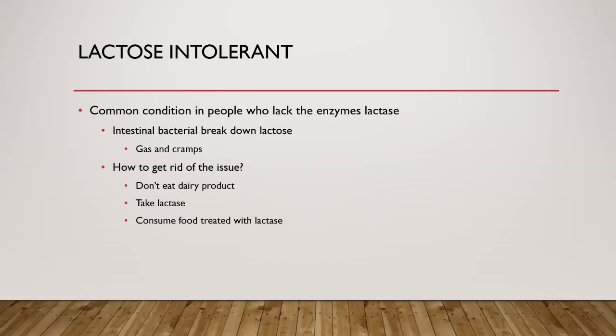How do you avoid the issue of having gas or cramps in your body due to the lack of lactase? Well, I would say you should eat food that is already treated with lactase, and take lactase when you are about to eat a dairy product, or you can just avoid eating dairy products or anything pertaining to milk.